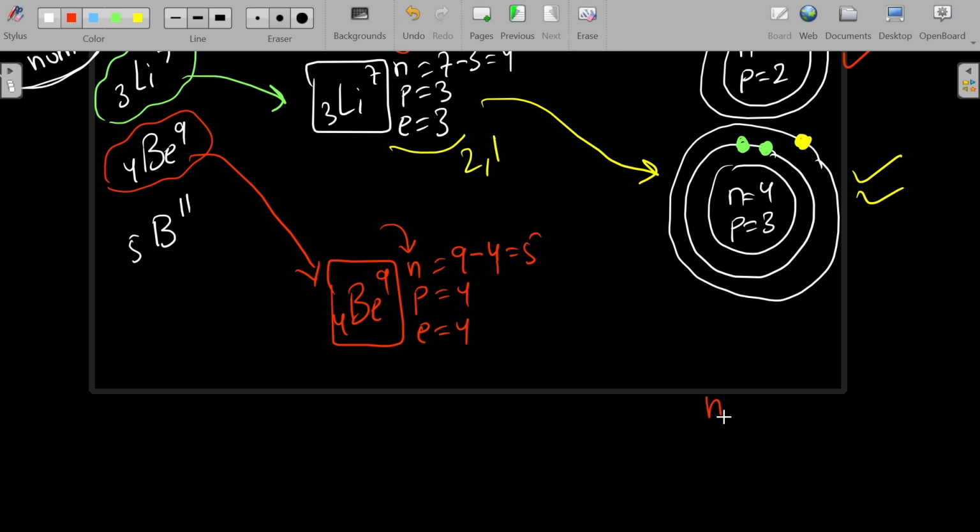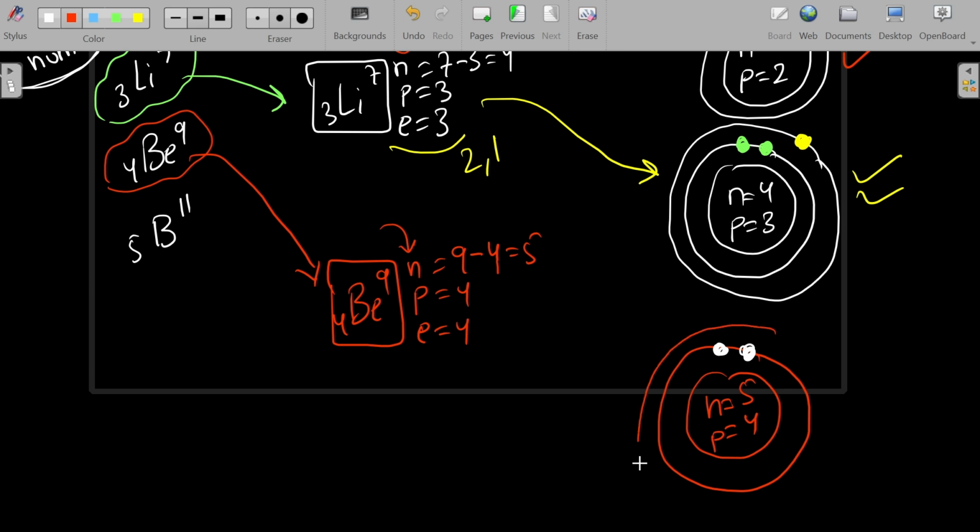Now, the same strategy. We will declare the neutrons and protons first in the nucleus, right? So we've got 5 neutrons, we've got 4 protons, and then in the first shell, we have got 2 electrons that we can accommodate, because the first shell is your duplet.